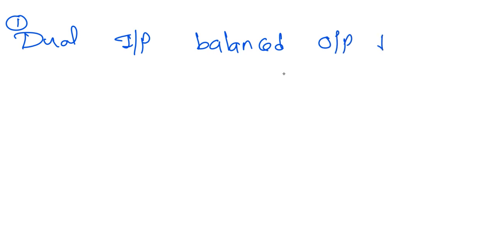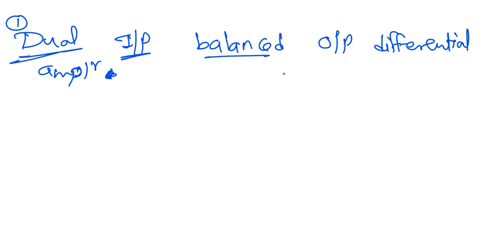So first we will see the dual input balanced output differential amplifier, and we will do the analysis of only this one because almost all the results are the same. Whenever there is variation, I will tell you. Very simple: first of all, take two transistors.